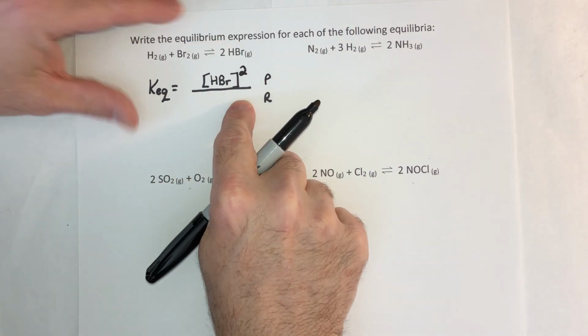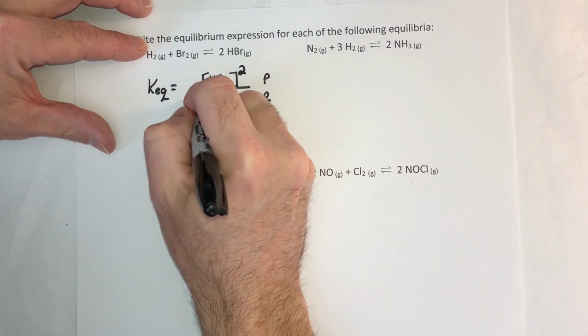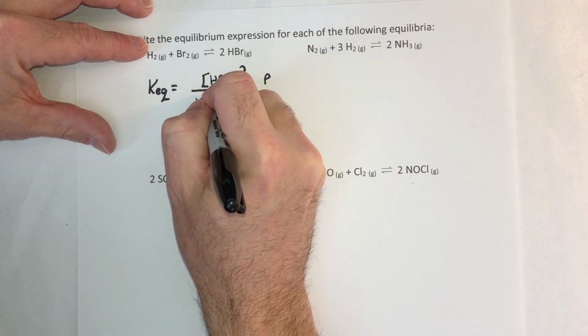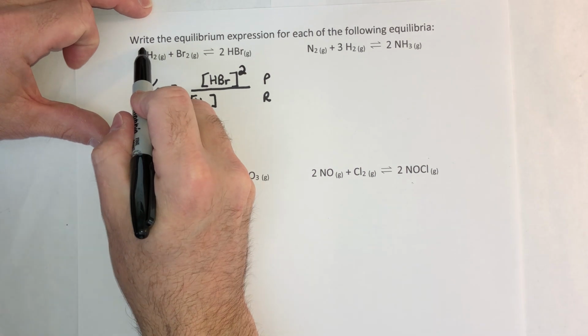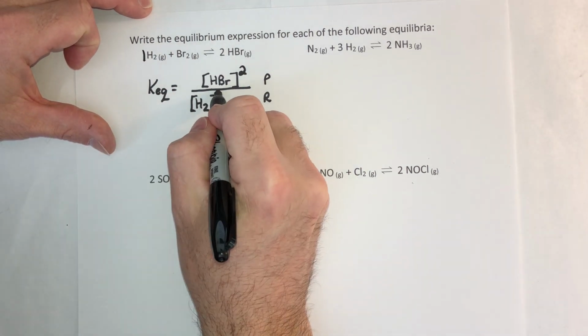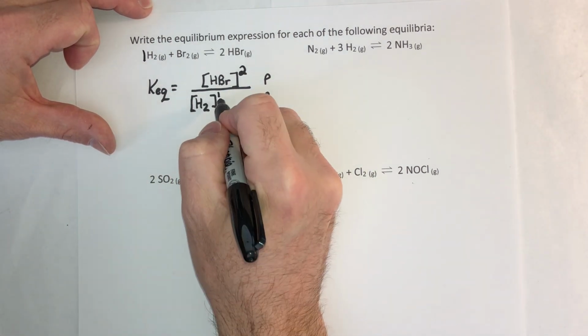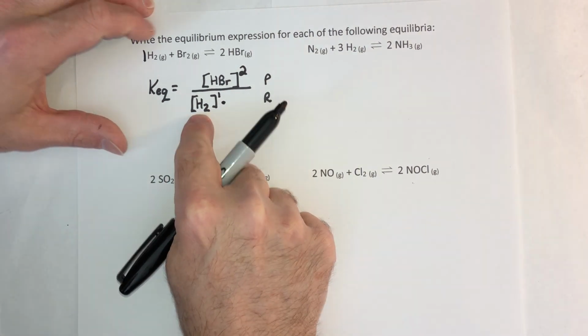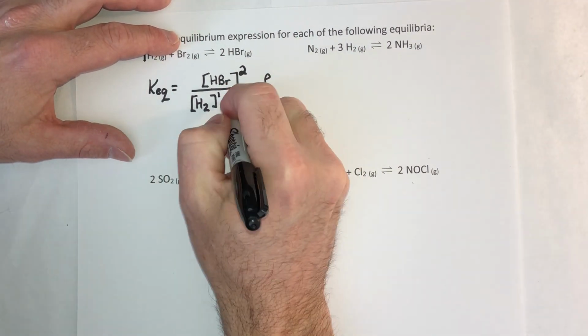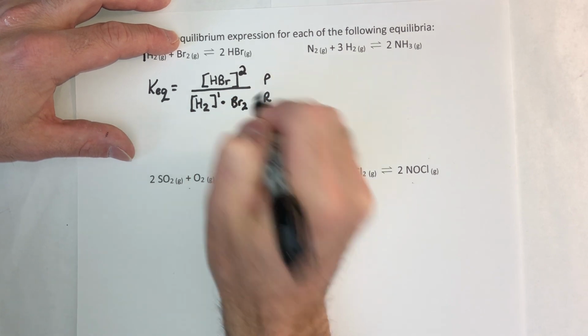In the denominator, you have your reactants. So my first reactant is H2. Square brackets to indicate concentration. There is only one of them, so it's power of 1. If you have a second reactant or product, it gets multiplied in, right? So I have a second reactant. That's Br2.